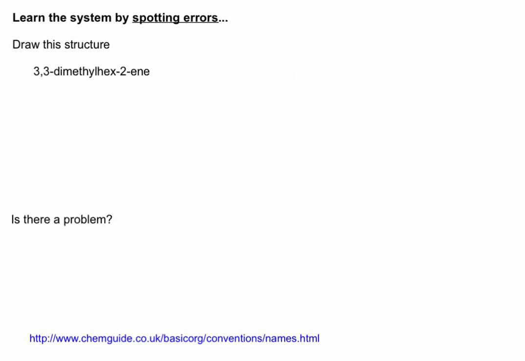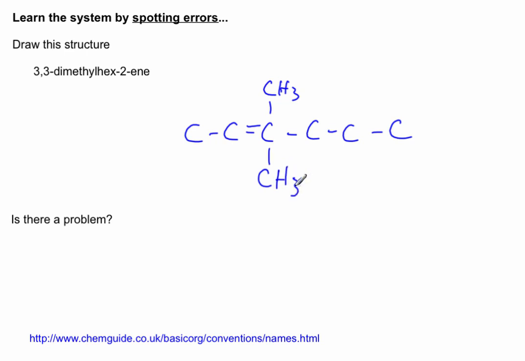Last one, 3,3-dimethylhex-2-ene. What's the problem with this one? Well, let's draw it. So dimethylhex-2-ene. 1, 2, 3, 4, 5, 6. So there's the hex. On carbon 2, we have our double bond, and then on carbon 3 we have a methyl, and on carbon 3 we have another methyl, and hopefully you can already see the problem there. I'll just finish this off while you think about it.